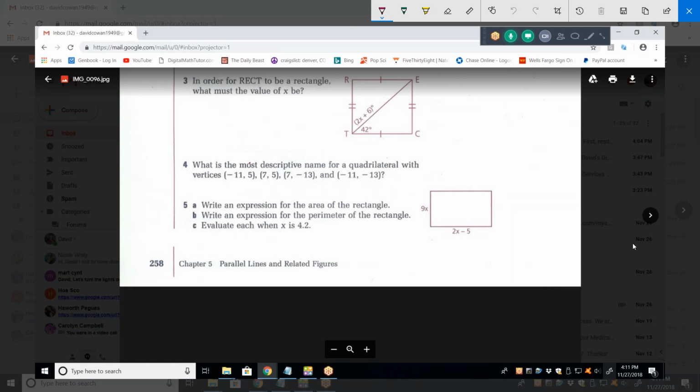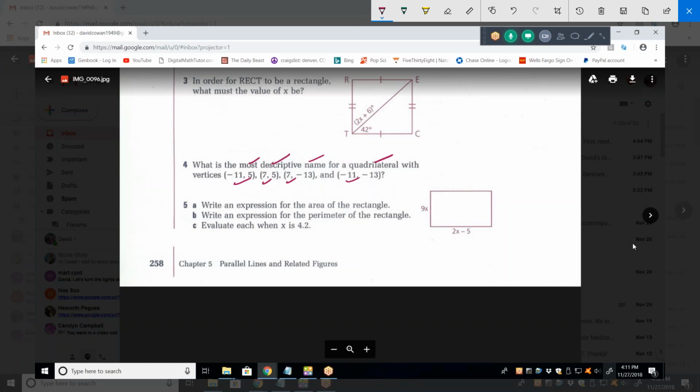We can see that the y-coordinates are the same on two points, so that's a horizontal line. The same on those two points, another horizontal line. The x-coordinates are the same on two points, so that's a vertical line, and on the other two points, also a vertical line.